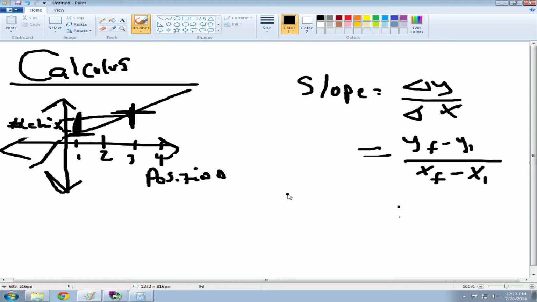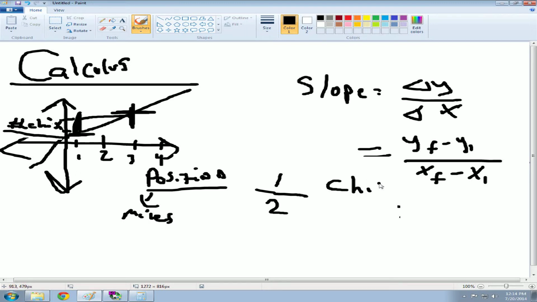Just really silly, but I just want to show you that these things are just a relationship with one another. So let's say the position is in miles, and this is chickens. That means that one chicken is made every 2 miles. So you have chickens per mile.